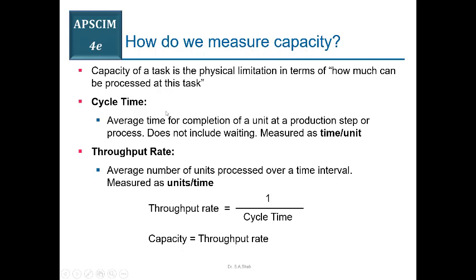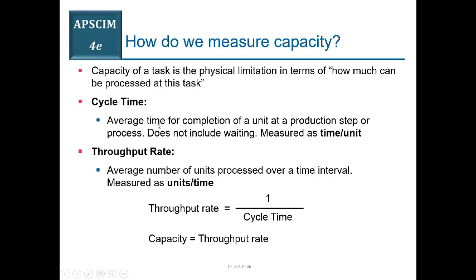So capacity, as I said, the capacity of a task is the physical limitation in terms of the production rate, that is, how many units will be processed in a specific time unit. So cycle time normally is the average time of a system in which one complete product will be completed through the system.